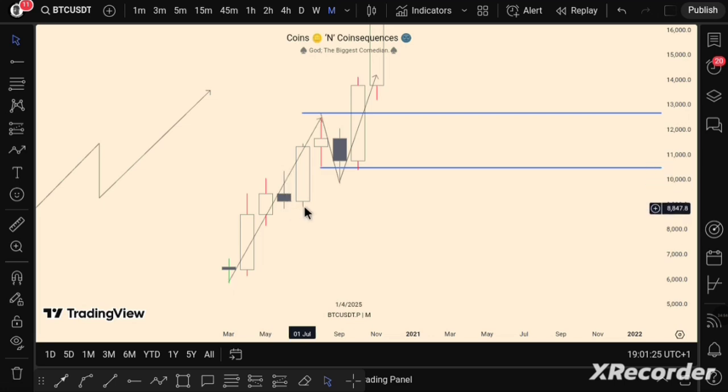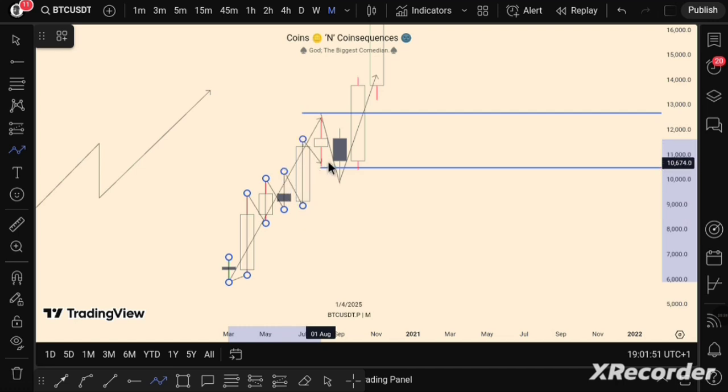Let me use the pen to probably, okay, price moves from a high, low, then we have a low, high, a low, high, high, low, high, low, high, as you can see.